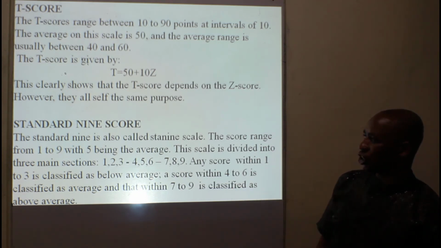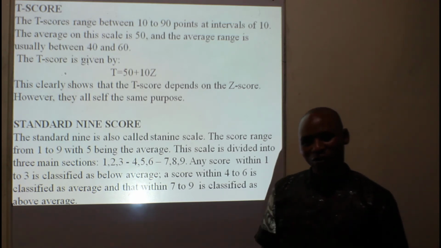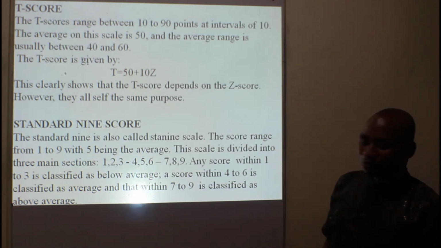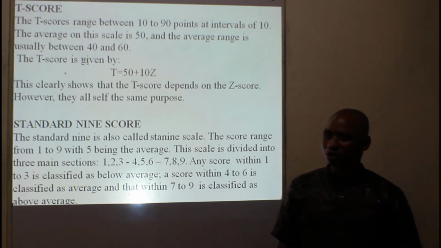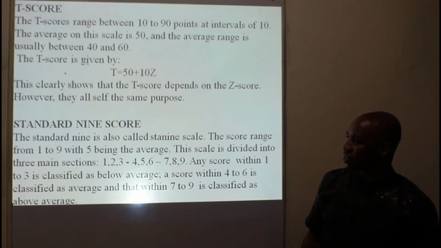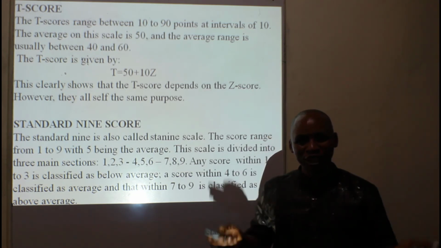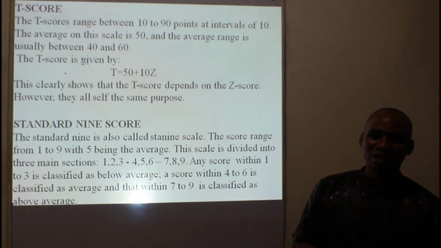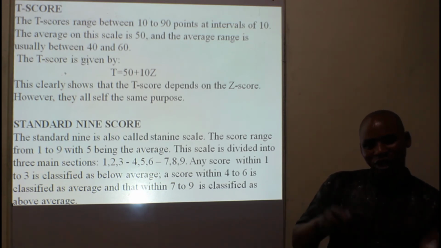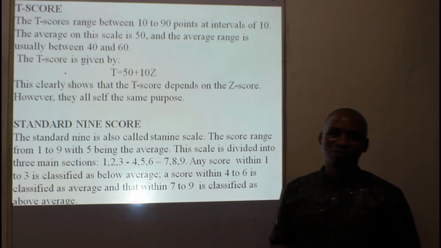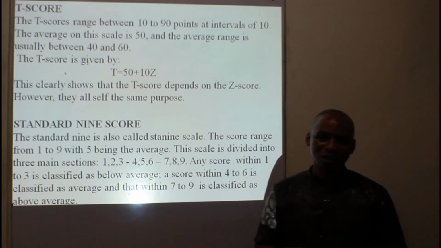From this equation, it can clearly be realized that the T-score depends on the Z-score for its calculation. Apart from that, there's nothing different, because all of them serve the same purpose. The interpretation is almost the same, just that the values for below average, average, and above average are different. But they all give the same interpretation in respect to the relative standing.